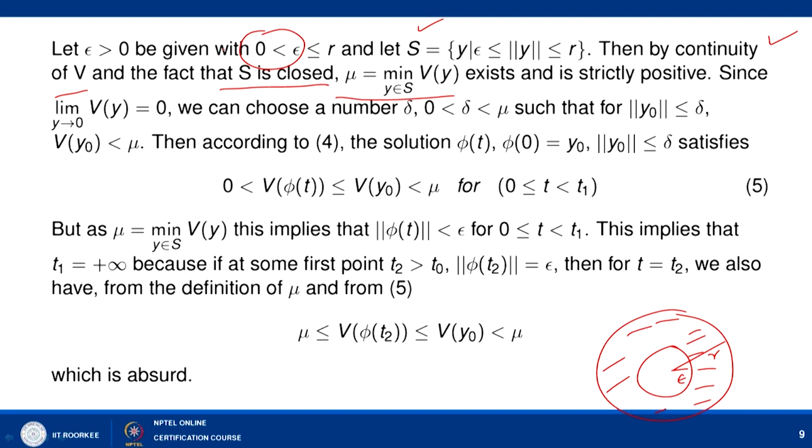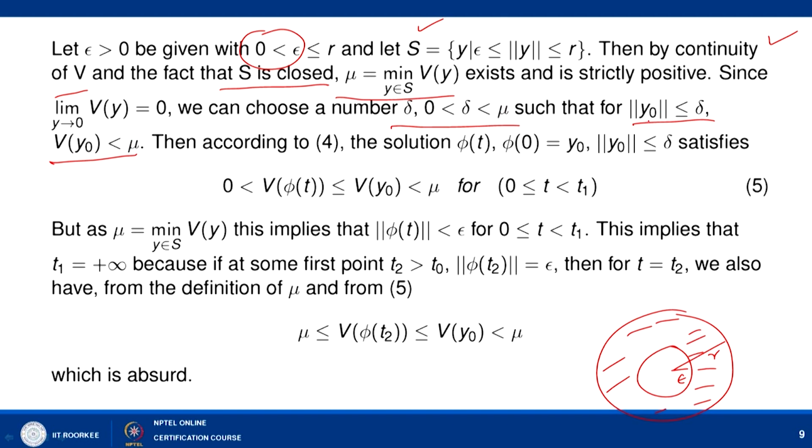So, since the limit of V of y as y tends to 0 is equal to 0, we can choose a number delta which is less than this mu such that norm of y naught is less than or equal to delta and V of y naught is less than mu. So, we are choosing norm of y naught less than delta, and delta is less than mu.